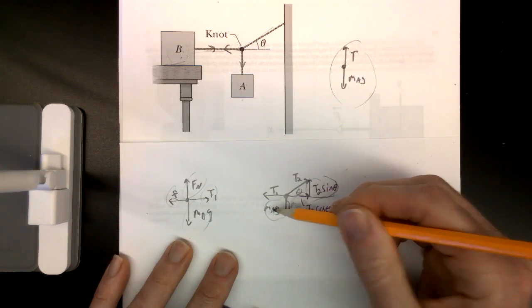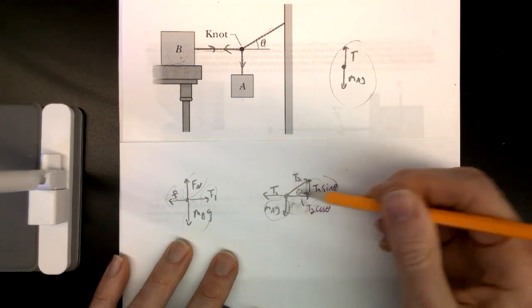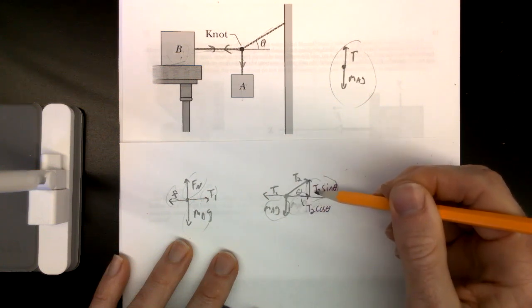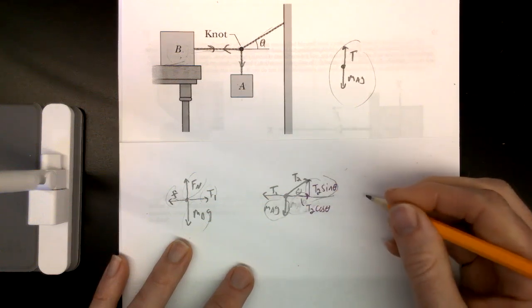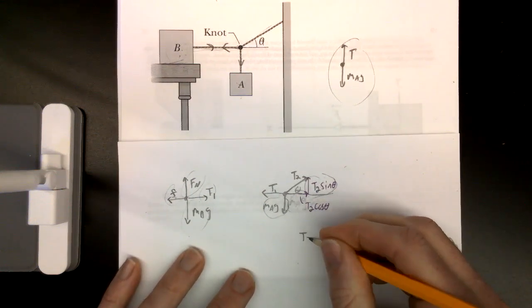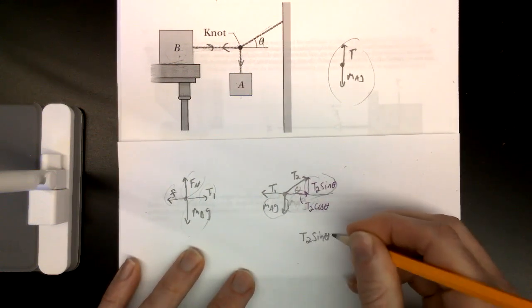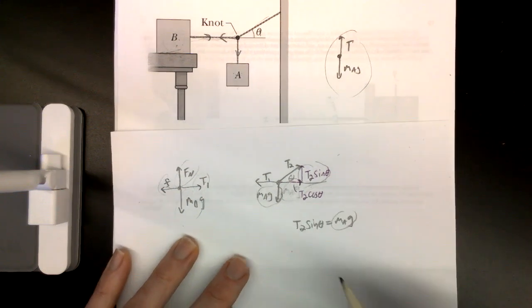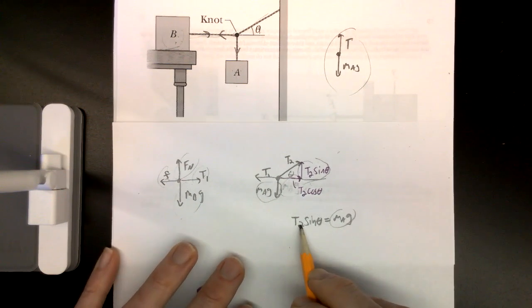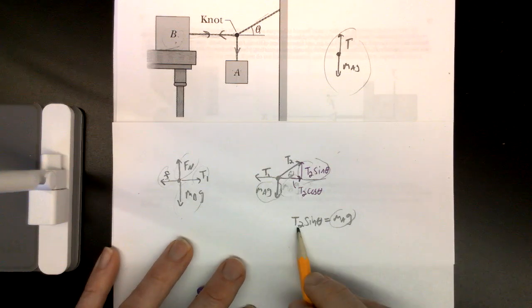This is the thing that we're going for, because in this up and down direction for the knot, these two things are going to be balanced. I could be more formal and write net force equations, but I know that T2 sine theta is going to equal mA times g. That's what we're looking for. We know the angle, so if we can find T2, then we are in business. So how are we going to find what T2 is?